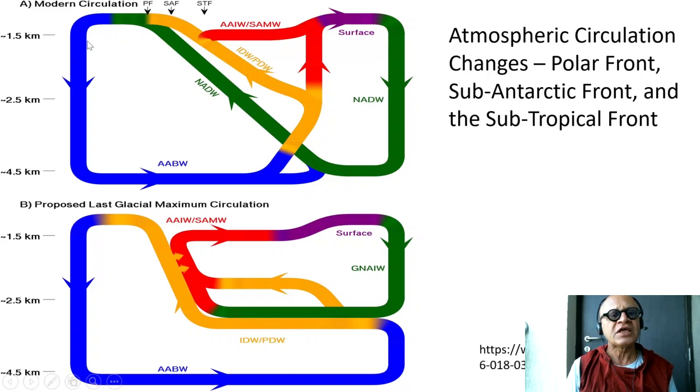We already know that the Antarctic bottom water is formed at the edge of the ice shelves and so on, combination of very cold temperatures and brine rejection and other processes. That inundates the rest of the world.